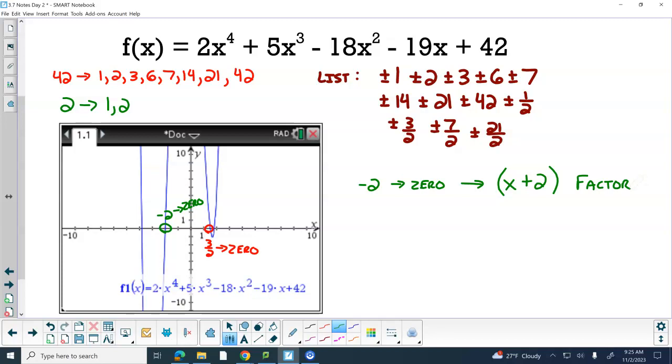Okay. If x plus 2 is a factor, then we can say -2 goes into 2, 5, -18, -19, and 42.